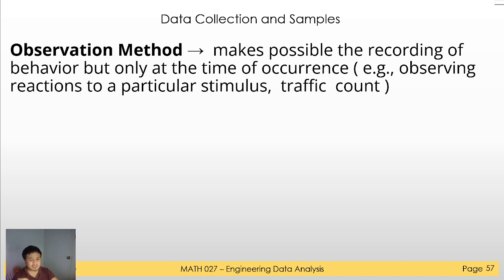So we just take down the notes, we just measure the things that can be observed, and usually, if the data is readily available, or the scenario is available, we can just do this directly.